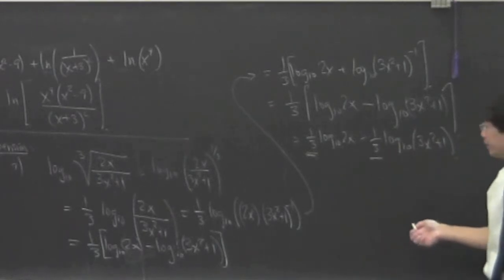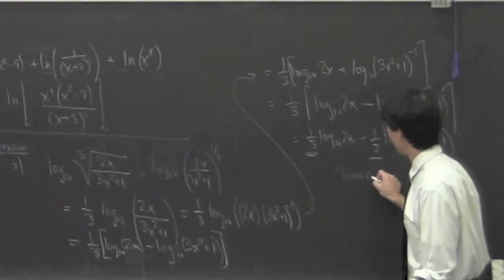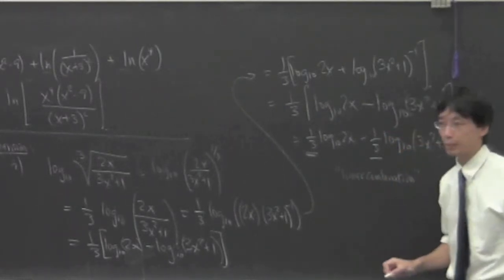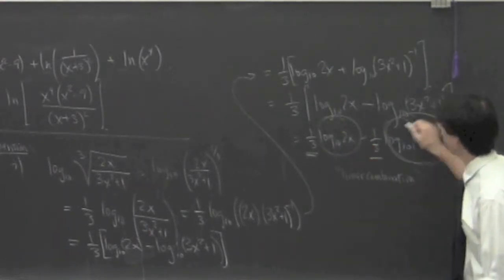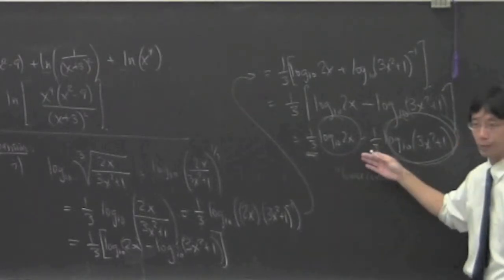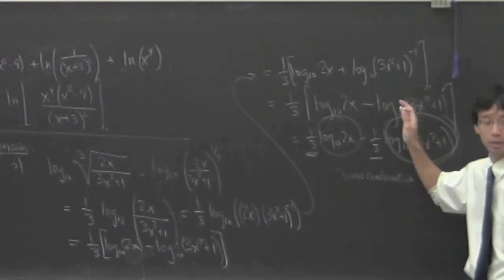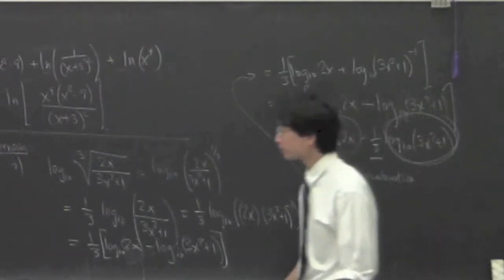This is not in the text, but this is what's called a linear combination, where you have a bunch of things, and then you have like 5 of the first plus 7 of the second minus 6 of the third, something like that.